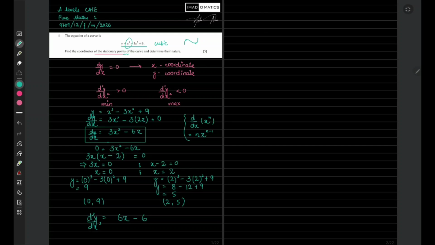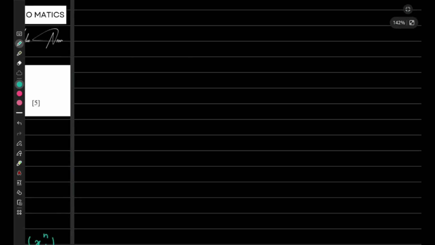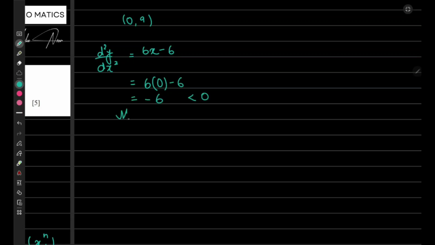Now checking this second derivative for both points. 6x minus 6 for (0, 9) gives you 6 times 0 minus 6, that gives you minus 6. As it is less than 0, we have a relative maximum at (0, 9).